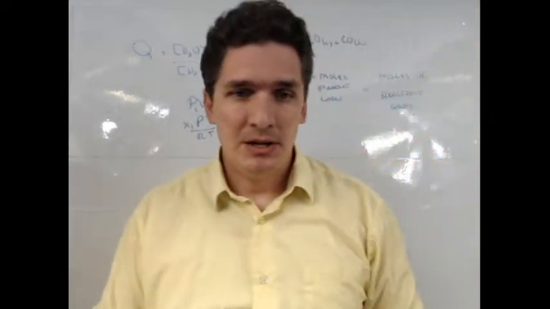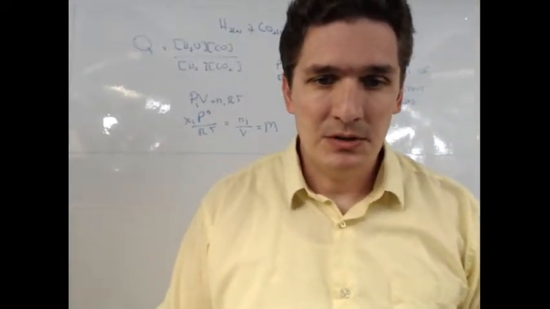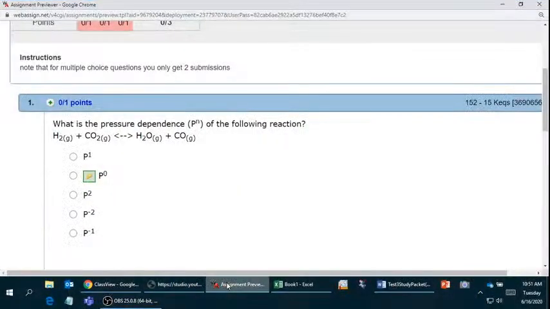So if we look at the reaction, and again, I'll bring it back up on the screen so it should be a little bit clearer. Here we have 1 mole of gas here and 1 mole of gas here, so that's 2 moles of product gases. For our reactant gases, we have 1 here, 1 here, so that's 2. 2 minus 2 is 0, so our pressure dependence in this case would be 0.